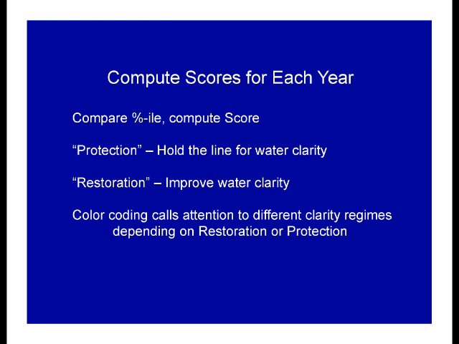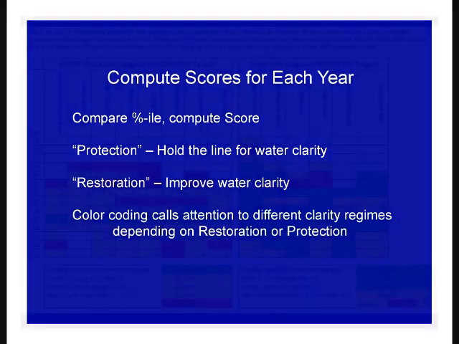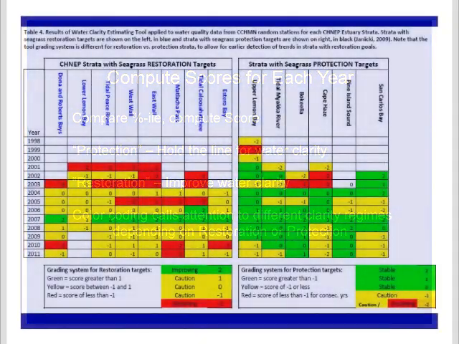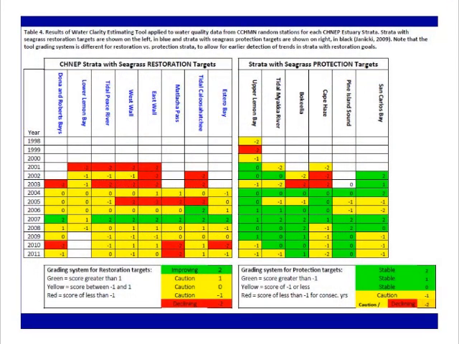And then when we assign color coding to our individual scores, the individual years, that's going to be different depending on whether it's restoration or protection. And it really is just calling different amounts of attention based on what we know we need to accomplish within that particular segment.